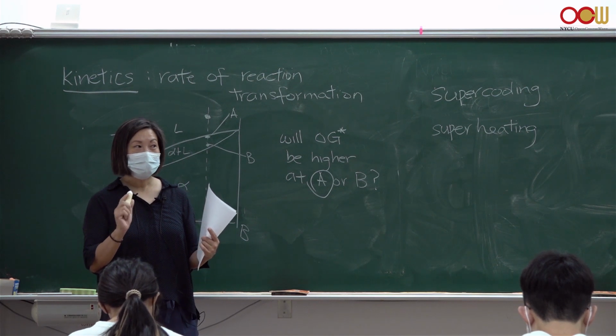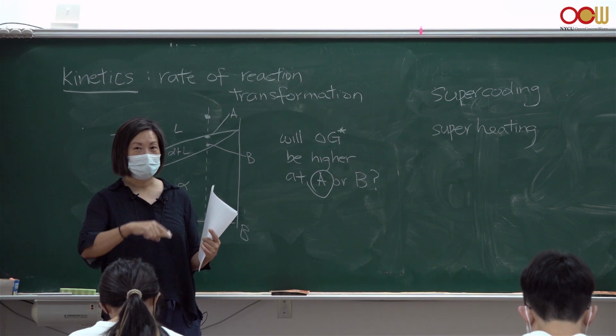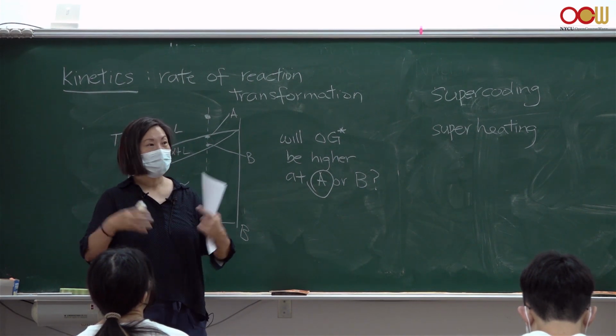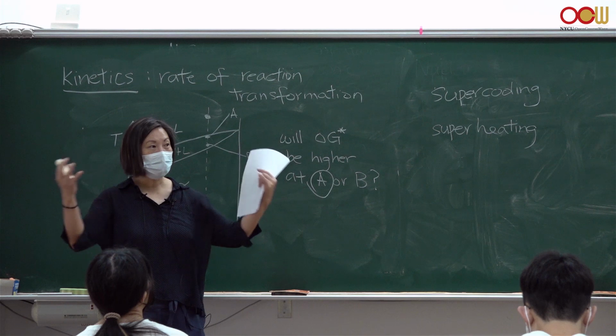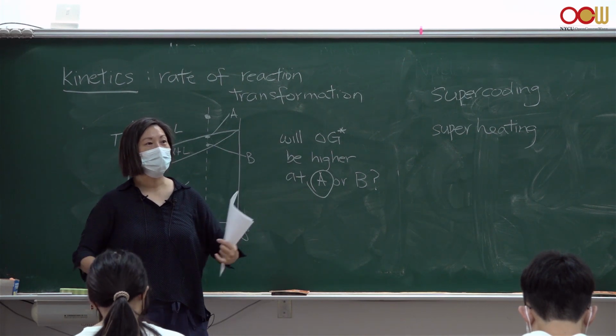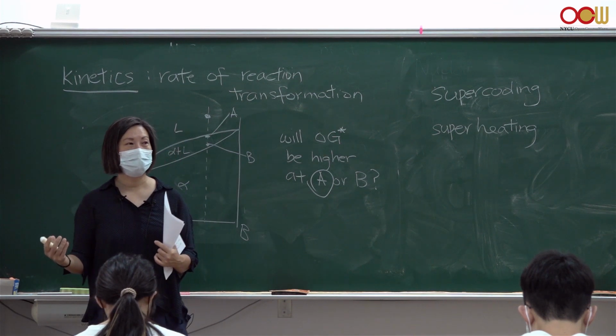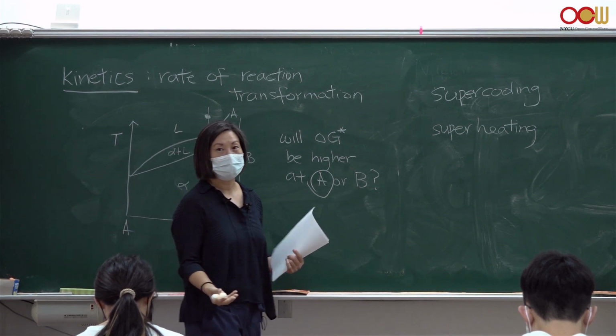But if you give it that extra little bit of energy to overcome the activation energy, then all of a sudden, all of the water will evaporate. And so it's like a small explosion. All the water evaporating at the same time, as opposed to just slowly evaporating like when water is boiling normally.